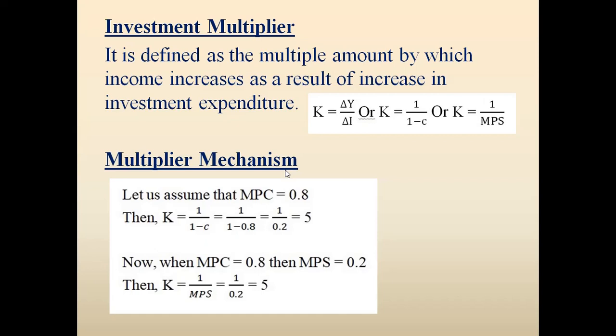The size of the investment multiplier, or simply multiplier, is actually determined by the households, because the households will decide what amount of income to consume and what amount of income to save. So depending upon their level of consumption and saving, the multiplier is affected.